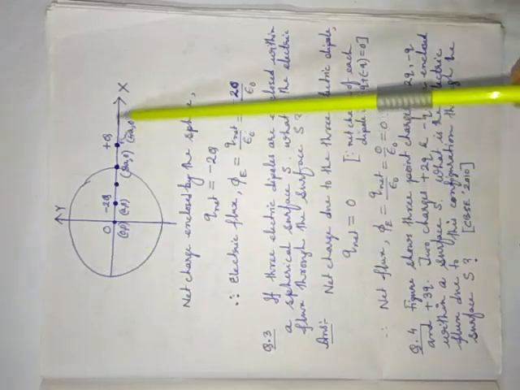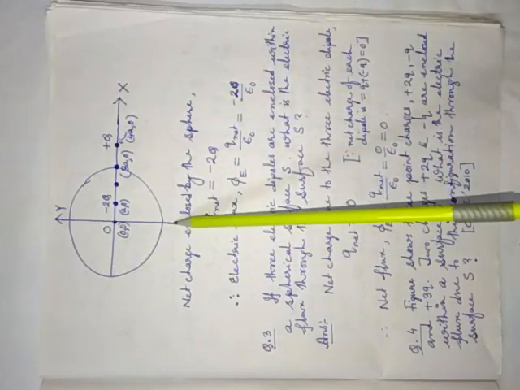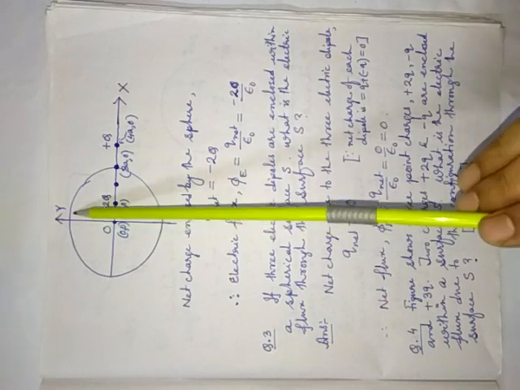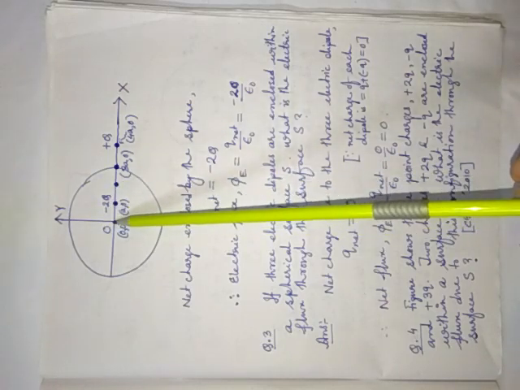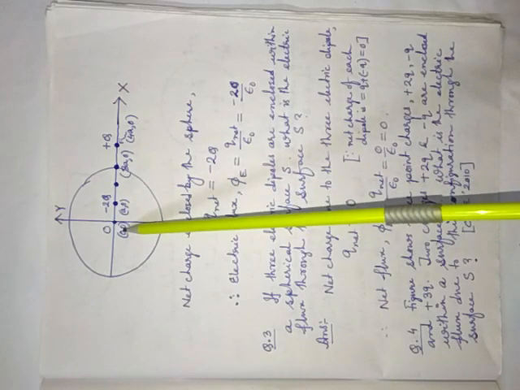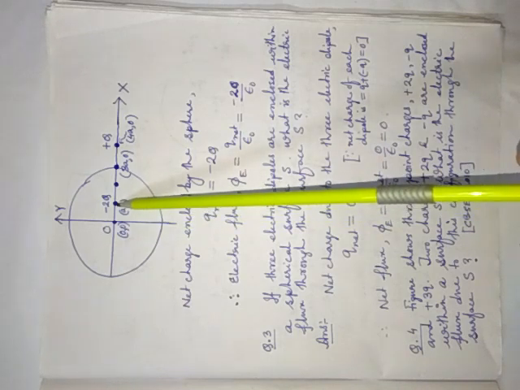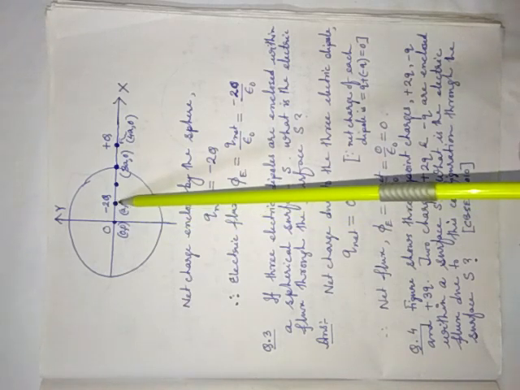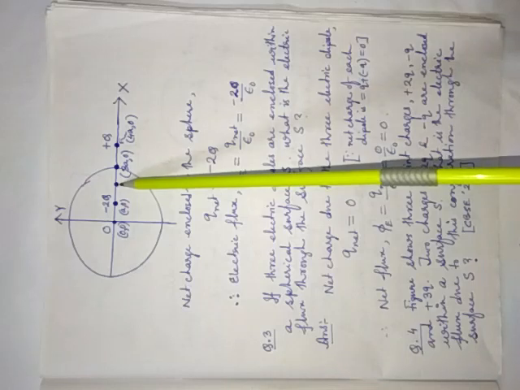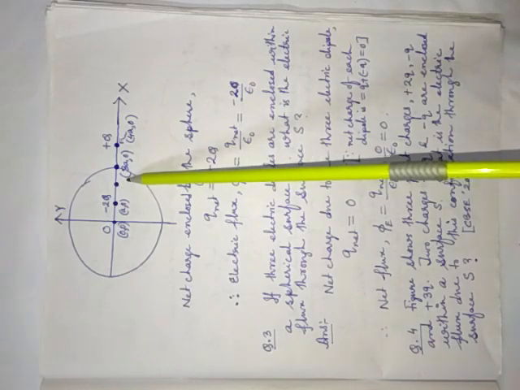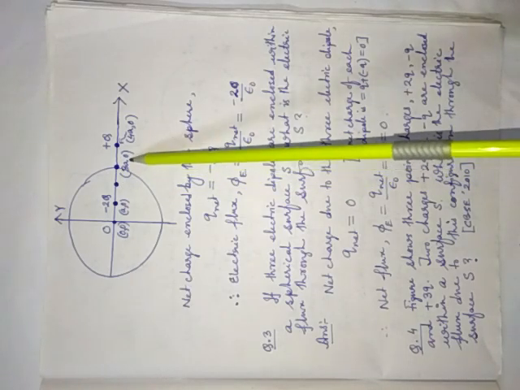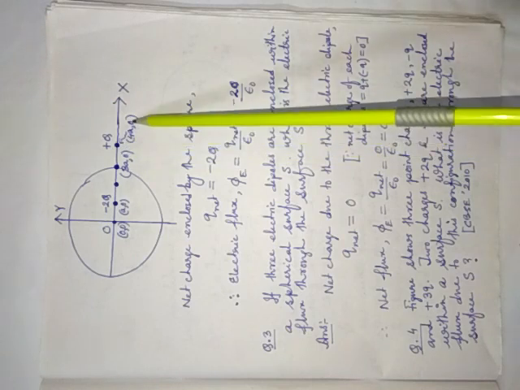This is the x-axis and this is the y-axis. Along the y-axis it is 0, nothing is there. This is the center O, having coordinate 0, 0. This point is a, 0. This point is twice a, I haven't mentioned it here, no need. This one is thrice a, and the last one is 4a.